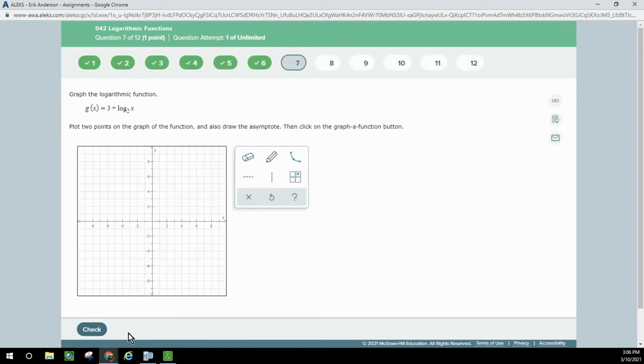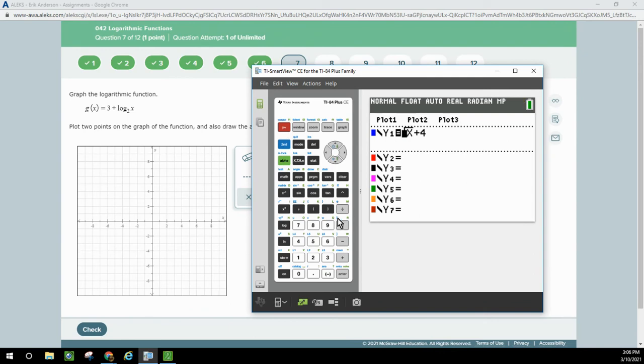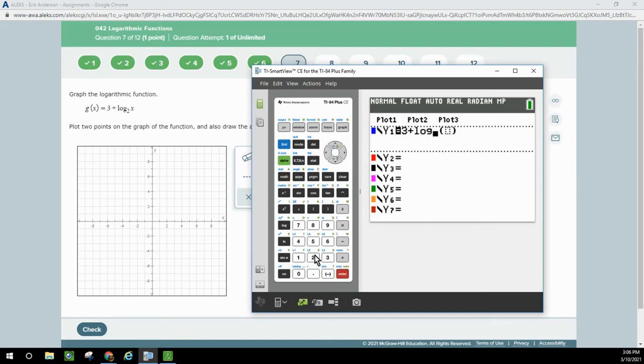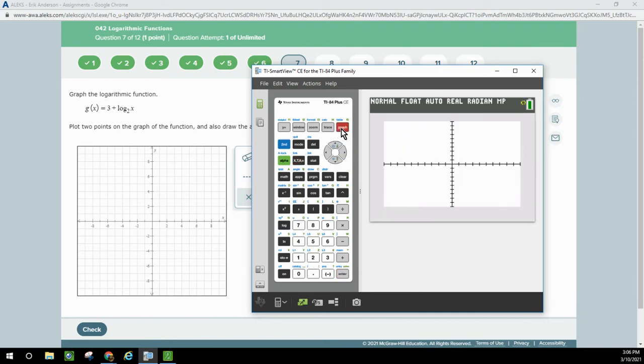Graph the logarithmic function. So 3 plus log base 2 of x. There's an asymptote here at x equals 0.